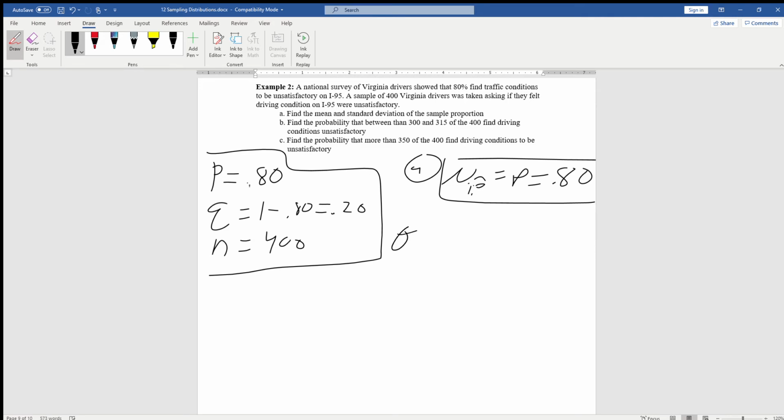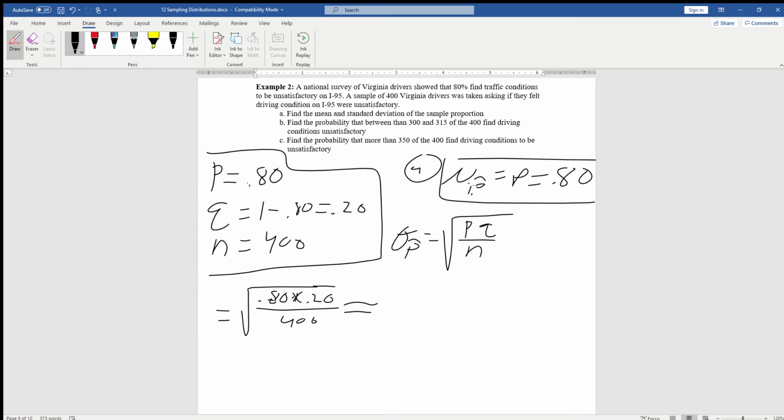The standard deviation, sigma sub P, is going to be equal to the square root of PQ over N. So remember, that's our formula, P times Q divided by N. I'll just continue it down here. That's going to be equal to the square root of 0.80 times 0.20, and then we're going to divide all of that by 400.